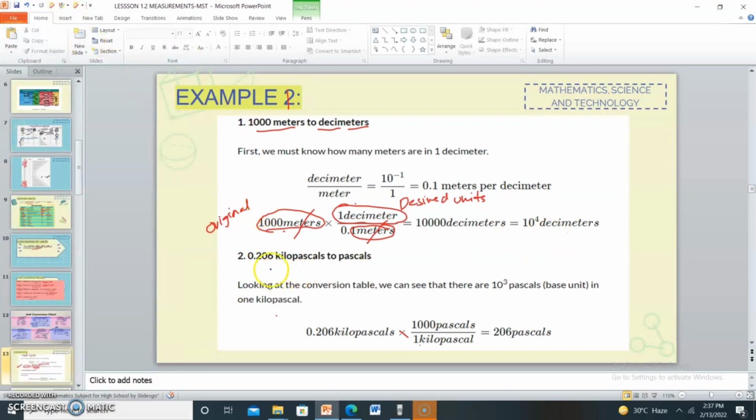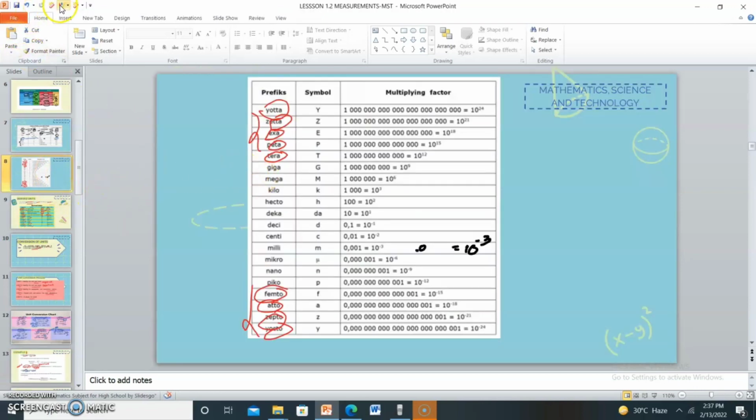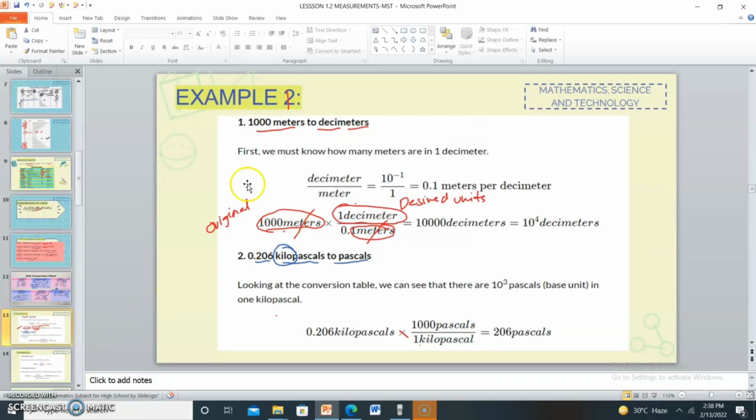Next is 0.206 kilopascal to pascal. So, let's check the kilo prefix. Kilo is 1,000 or 10 raised to 3. So, let's go back to the example. 0.206 kilopascal times 1,000 pascal equivalent to 1 kilopascal.